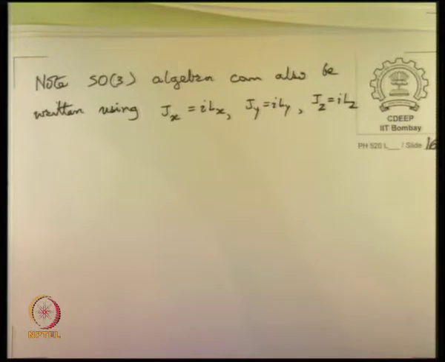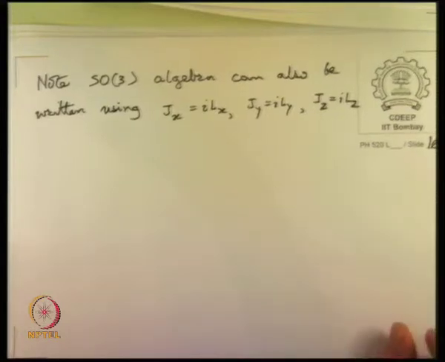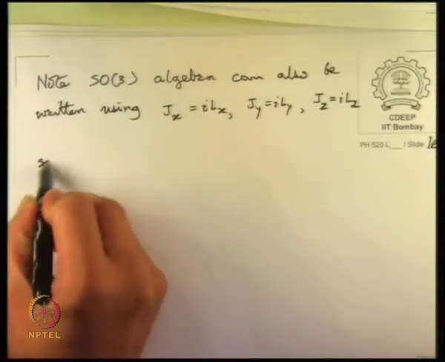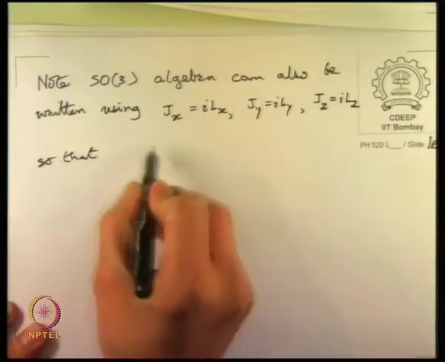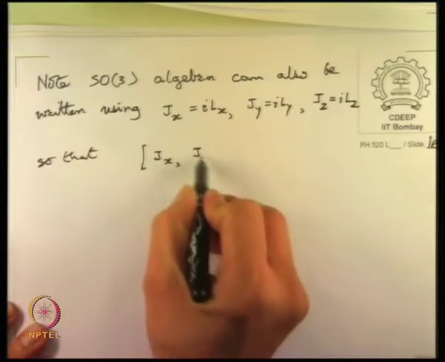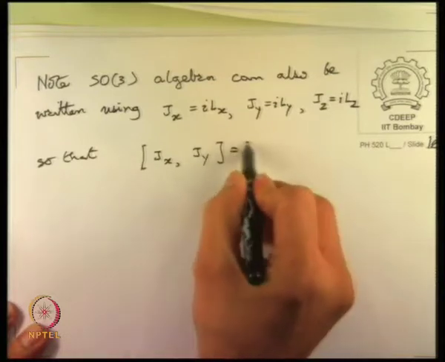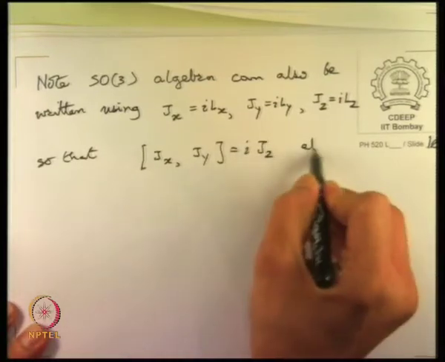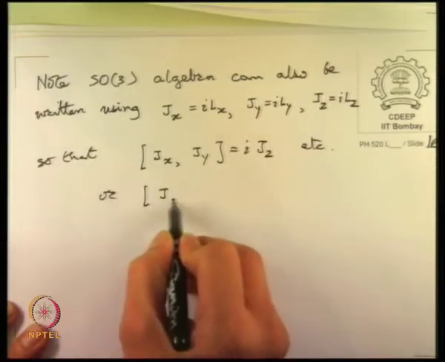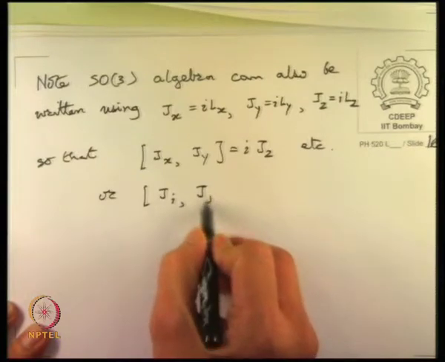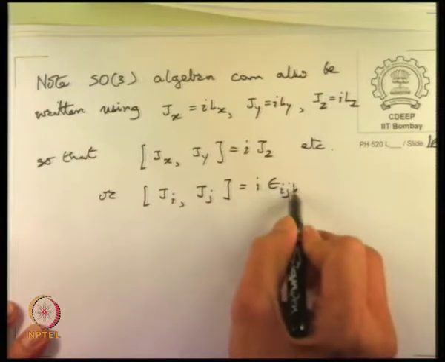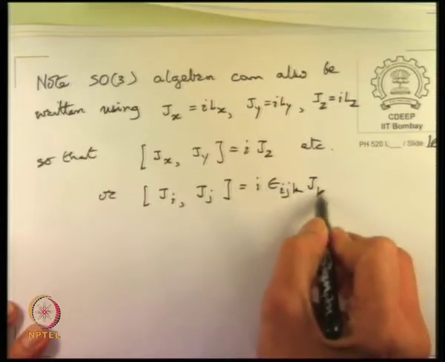Now that we get more advanced, we supply an I to make it complex, so that then Jx, Jy equal to I times Jz, etc., or we say Ji, Jj equal to I times epsilon ijk Jk.